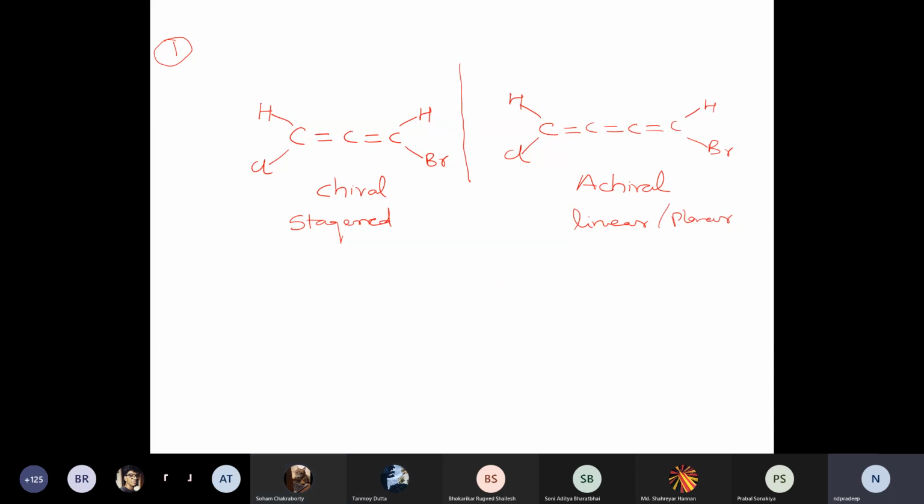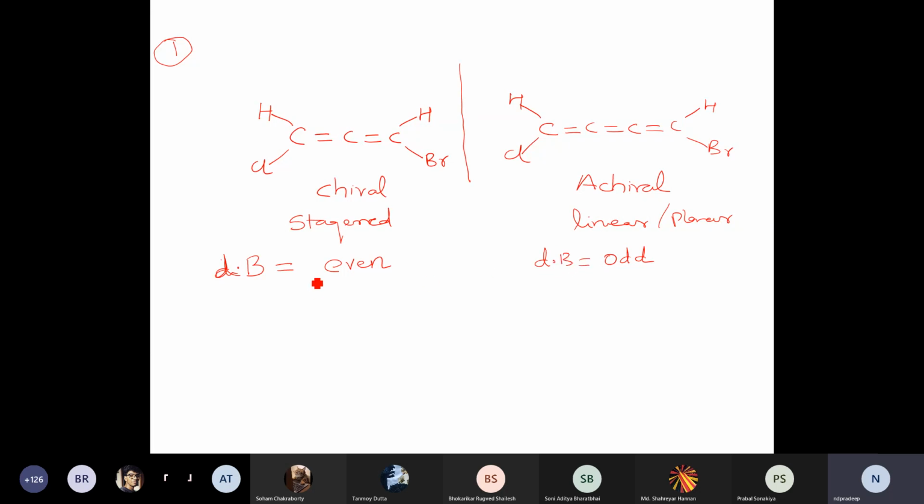So in general, we can see that if the number of double bonds is even, then you end up with a chiral molecule. If the number is odd, I'm talking about the double bonds.